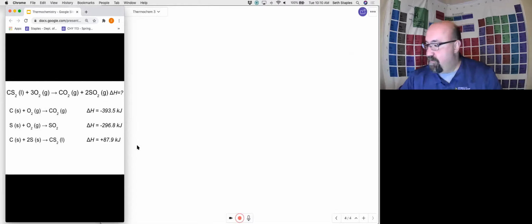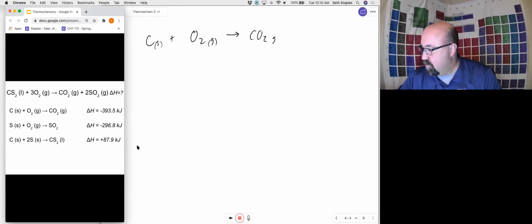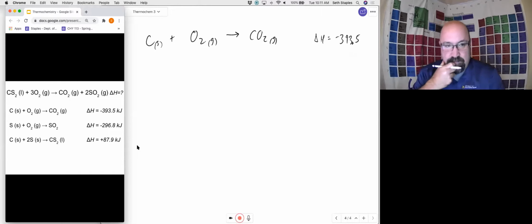So we have carbon, we should leave our states of matter in there, carbon plus O2 gives us CO2. So we have one equation.